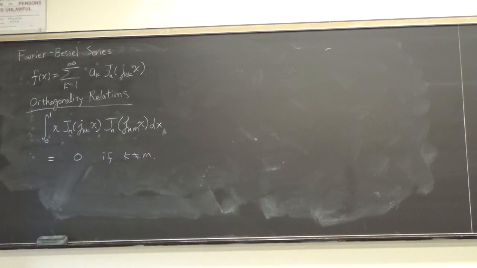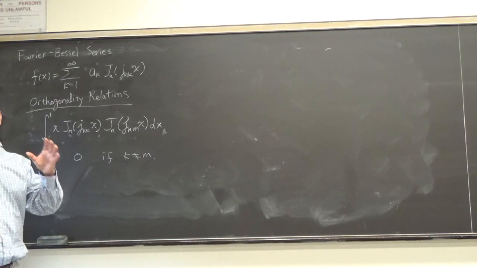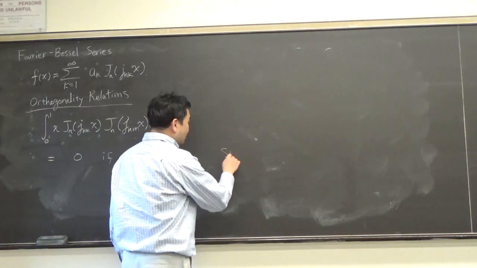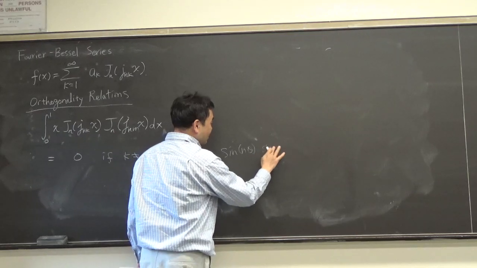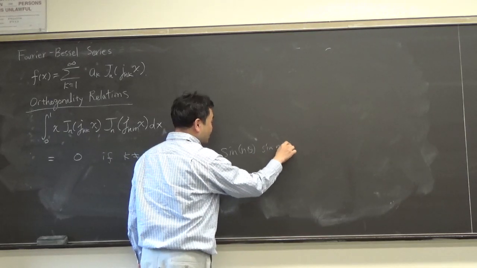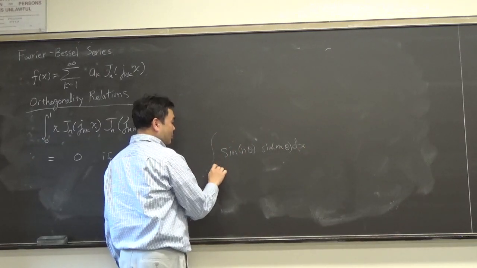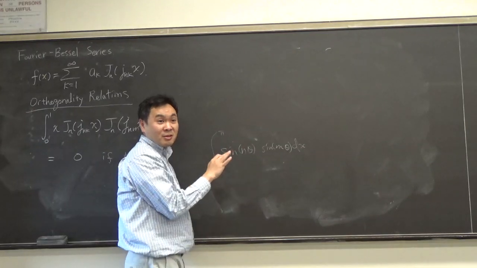So I explained that for the sine function, sine n theta times sine m theta, if you integrate from negative pi to pi, this gives you 0 when n and m are different, right?